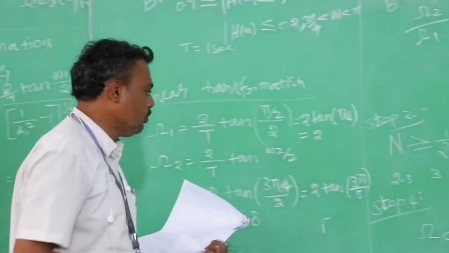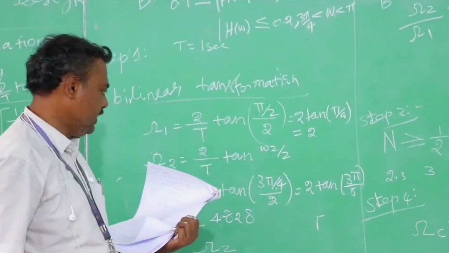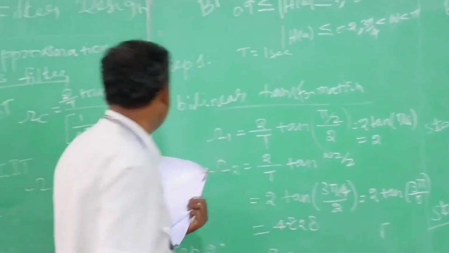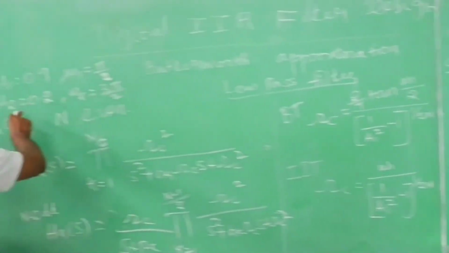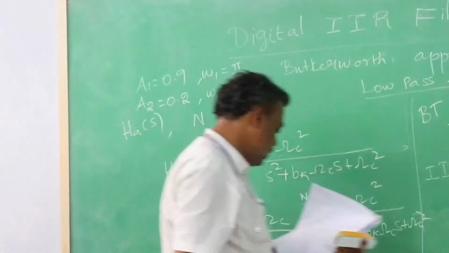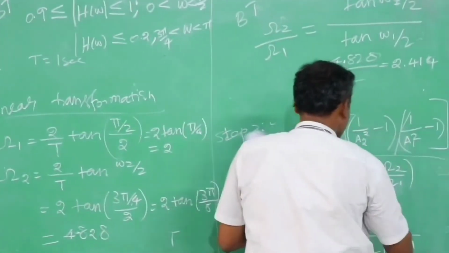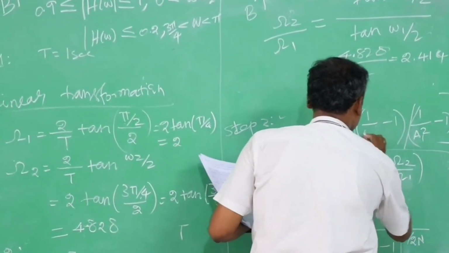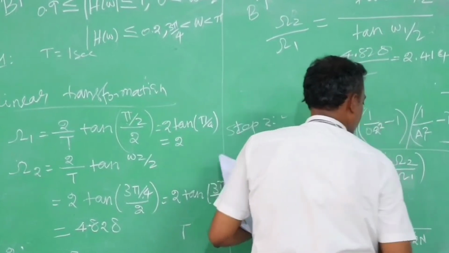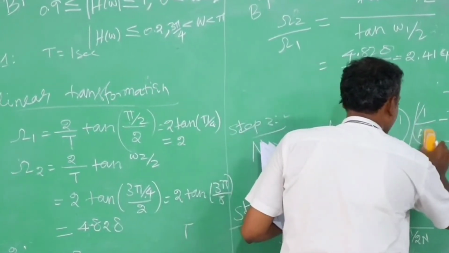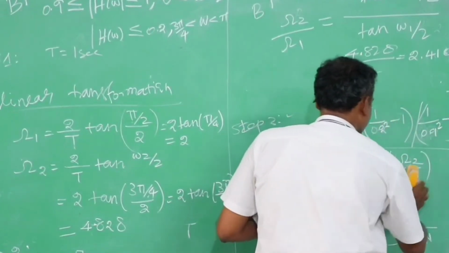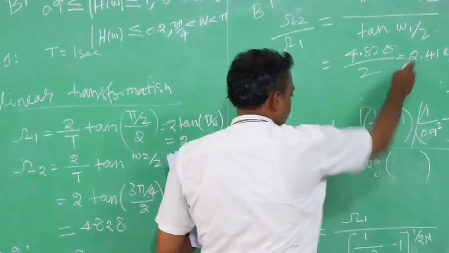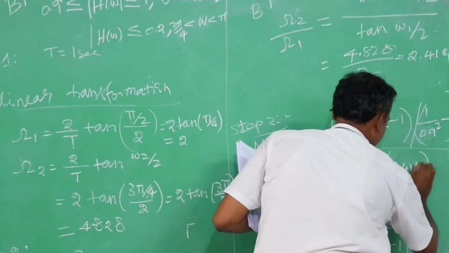The next step is to find the order of the filter. Just apply this formula, substituting the values A1 equal to 0.9 and A2 equal to 0.2. Here it is 0.2 squared, and here it is 0.9 squared. The ratio value we already have is 2.414.